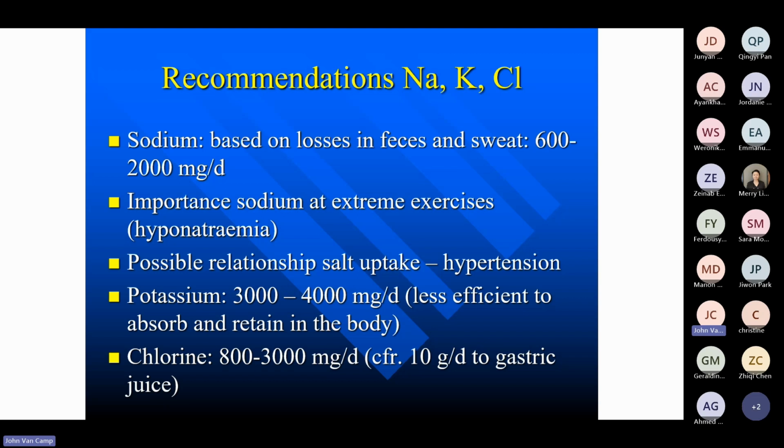Just the same as with sodium, if you take it in too high levels, it could also lead to negative effects, for example on cardiovascular function. Heart rhythms could also be influenced by too high, extreme chronic intake of potassium. For chlorine, the recommendations are here, mainly in gastric juice, and we also recover most of it by reabsorption in the GI tract.